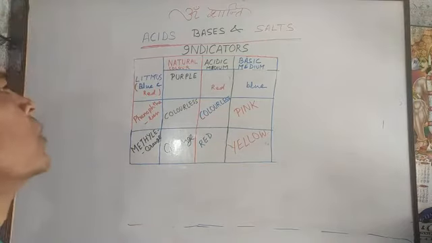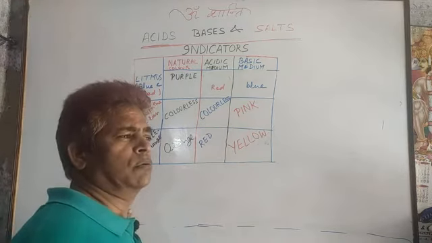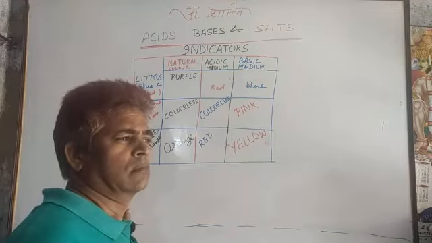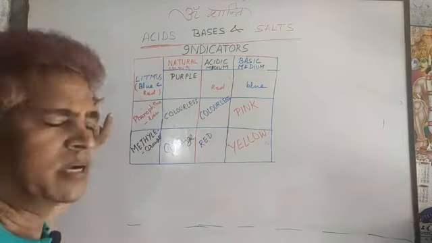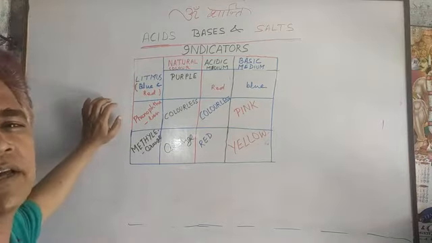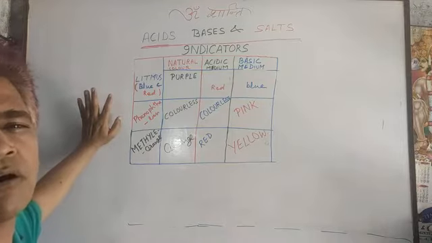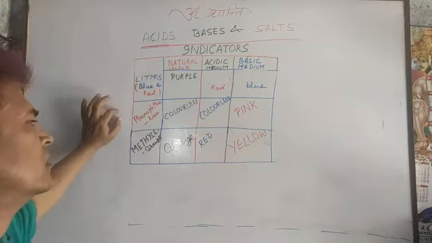One thing more: at home, if you don't have these indicators, with the help of turmeric powder you can also identify whether the given compound is acidic or basic in nature. Turmeric powder is yellow in color.